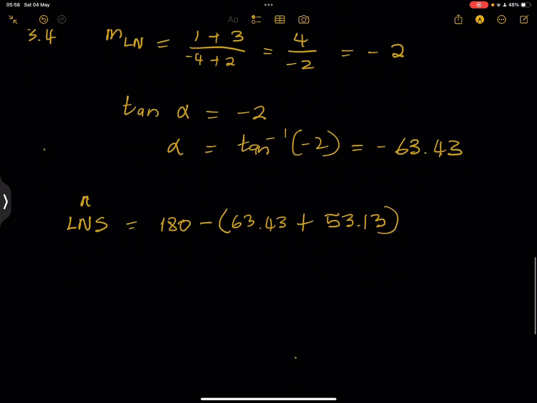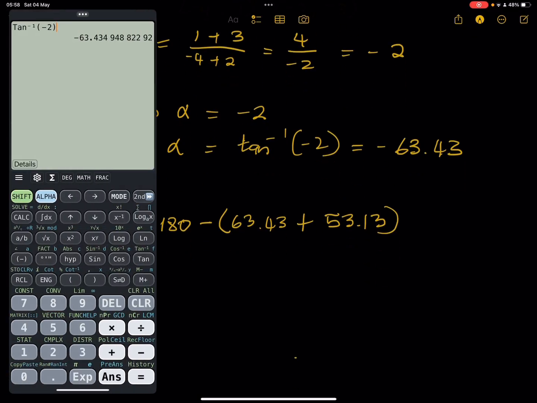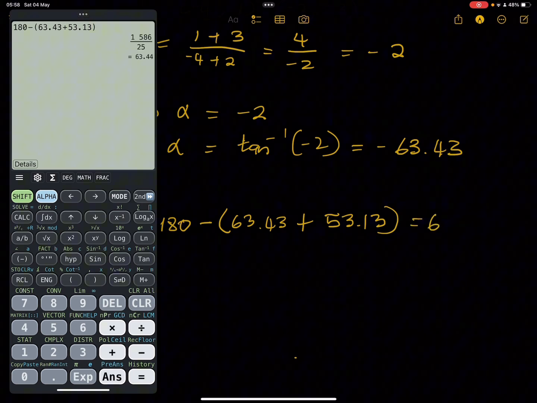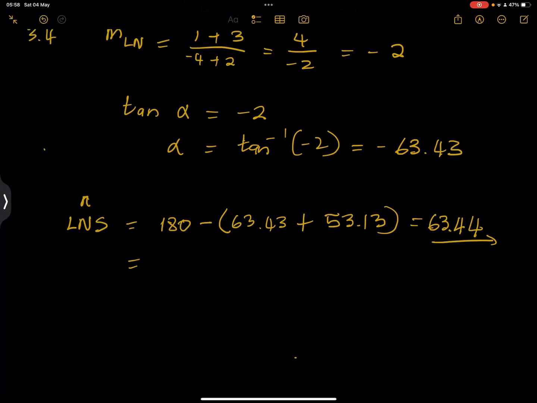Let's get that angle there. So that's 180 minus (63.43 plus 53.13). Right, and I get that to be equal to 63.44. And that's our angle LSN, right? So that's the size of LSN.